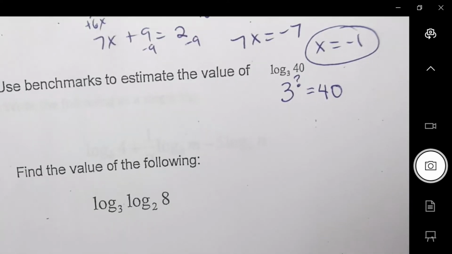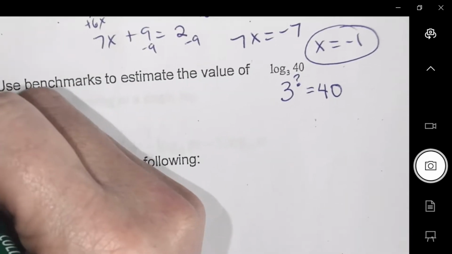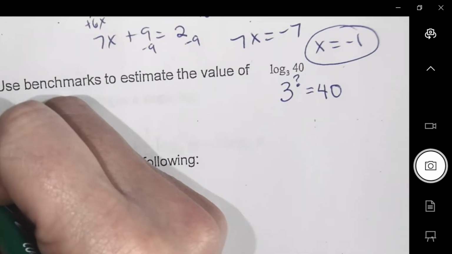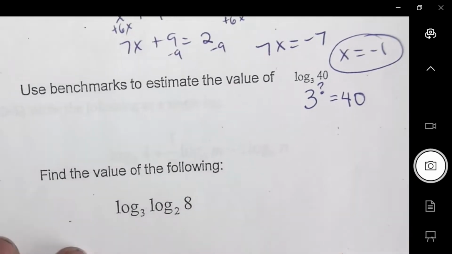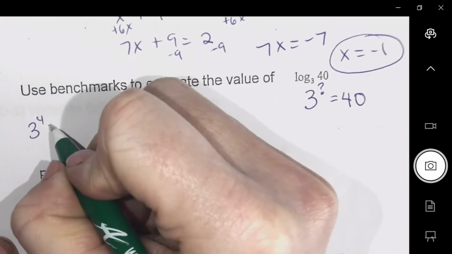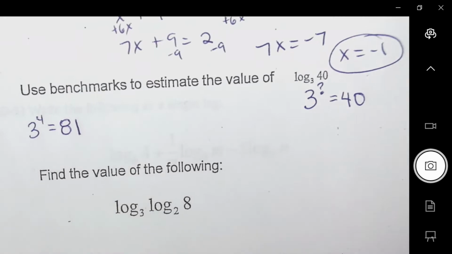Log expressions are always equal to what the exponent would actually be. So here are your benchmarks. What do you know about 3 to something? 3 to the 3 is 27. What else do you know? Give me another one higher then. 3 to the 4 is 81. Did you have that memorized?